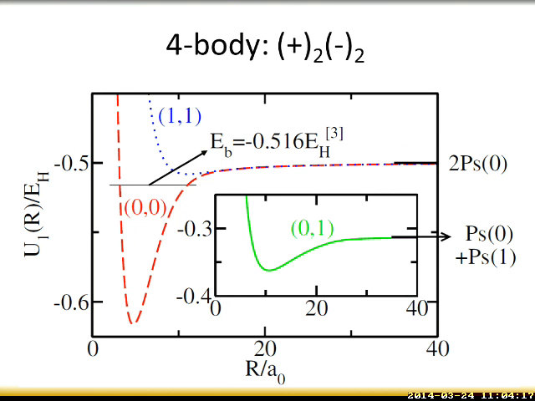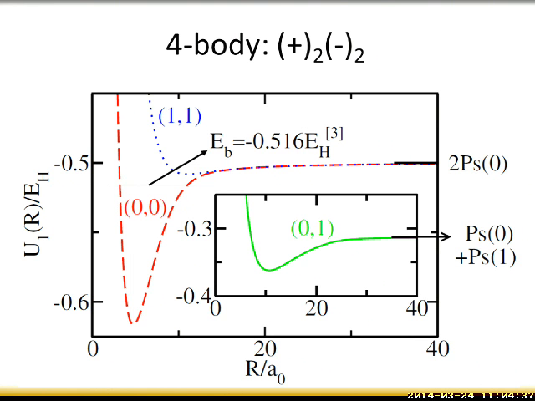So the first thing that we see is that when the particles are in the singlet configuration, spatially they can be much closer together. So that leads to a significant dip in the potential curve. And that dip can support a shallow bound state of the positronium dimer. So that was very nice to see come out.